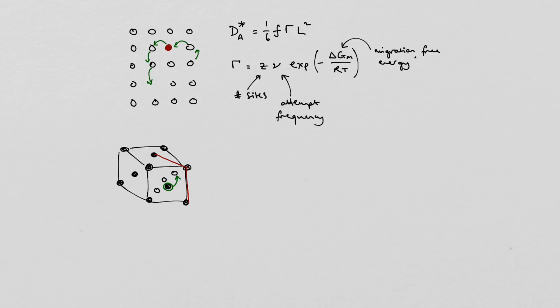What I'm drawing in red there is a plane, a 110 type plane in the FCC crystal. Can you see that the solid one that's jumping is on this side of that plane, and the site that it's jumping to is the far side of that plane.